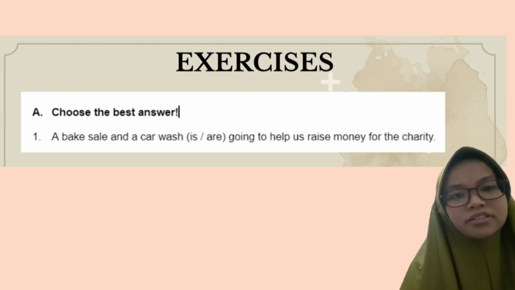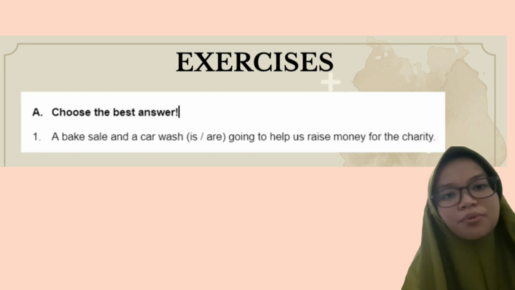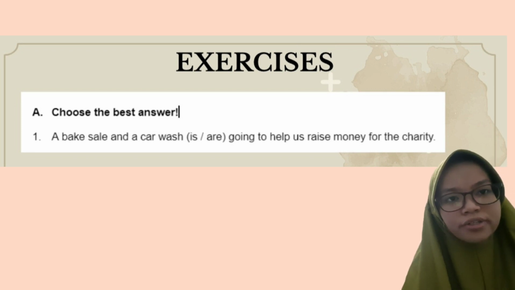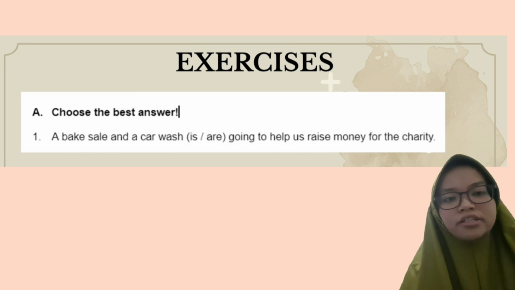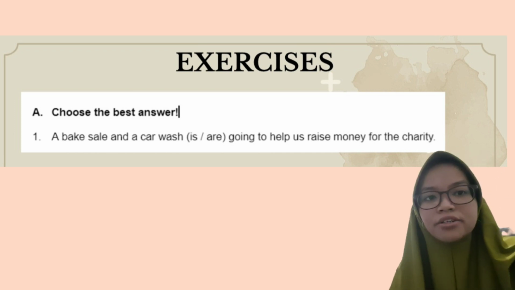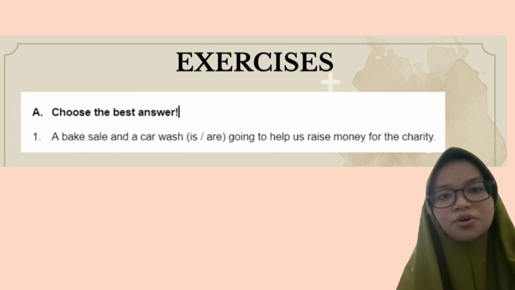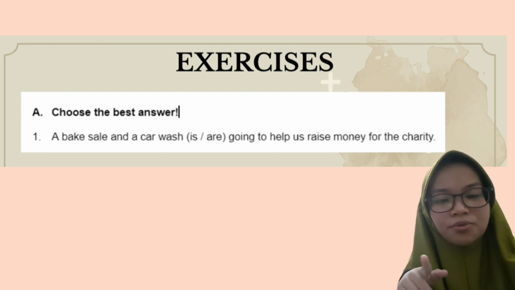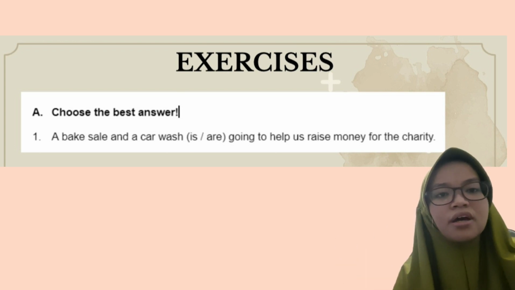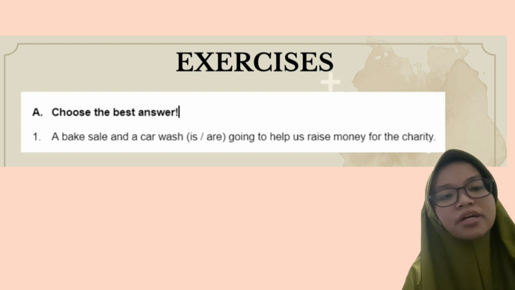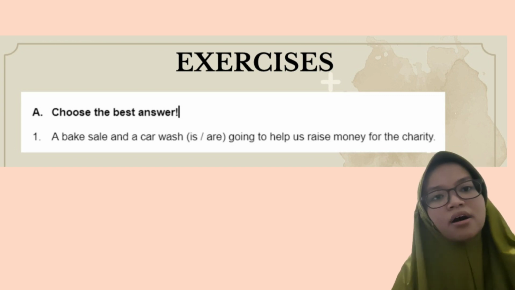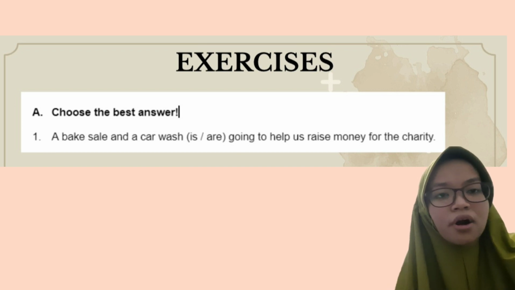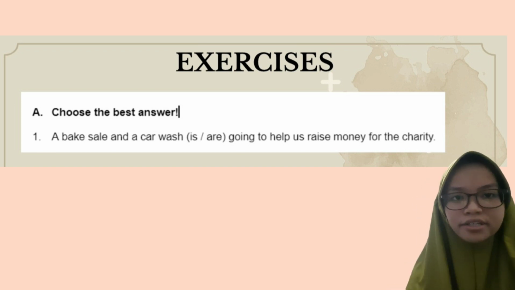For the exercises, let's look at question number 1. Choose the best answer. Number 1: a bake sale and a car wash is or are going to help us raise money for the charity. So we have to underline which is or are. Okay, we from elementary school must be familiar with am, is, are: I am, you are, they are, we are, he is, she is.